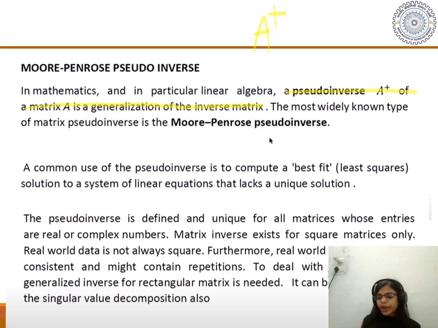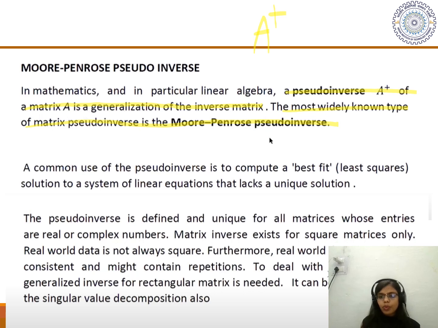The most widely known type of matrix pseudo-inverse is the Moore-Penrose pseudo-inverse. A common use of pseudo-inverse is to compute the best fit or least squares solution to a system of linear equations that lacks a unique solution. The pseudo-inverse is defined and unique for all matrices whose entries are real or complex numbers.